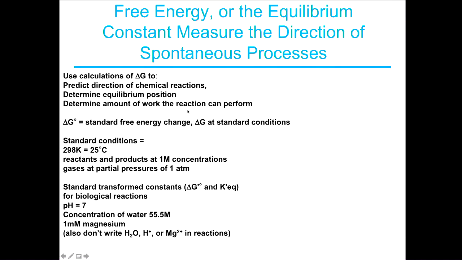And then we won't go through this a lot in this class because of the short nature of this one semester biochemistry class. But when you know about how much free energy is given off in a procedure, you can also use this information to figure out just how much work that process can do.